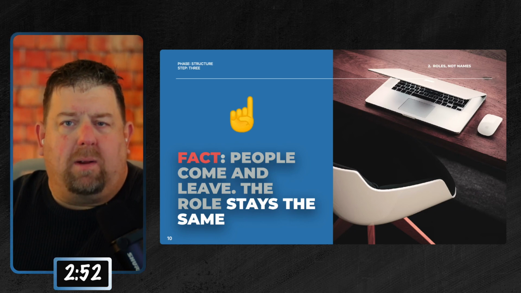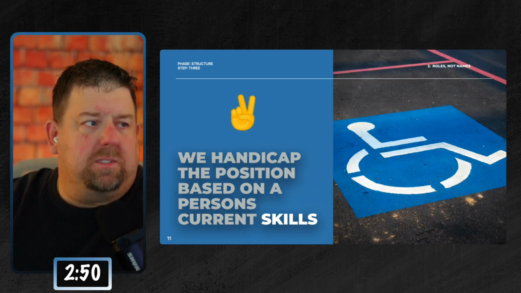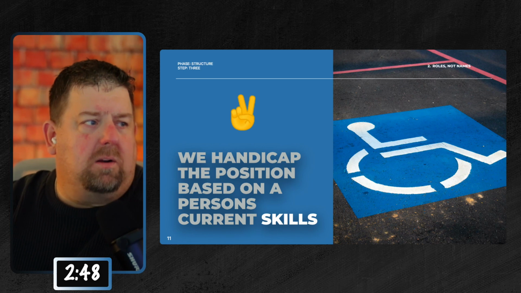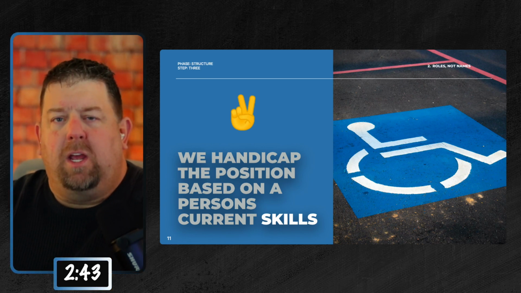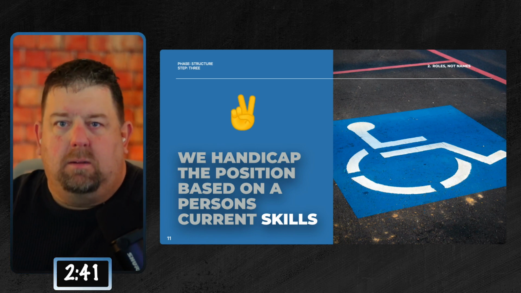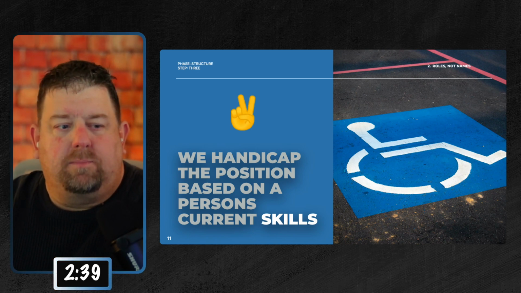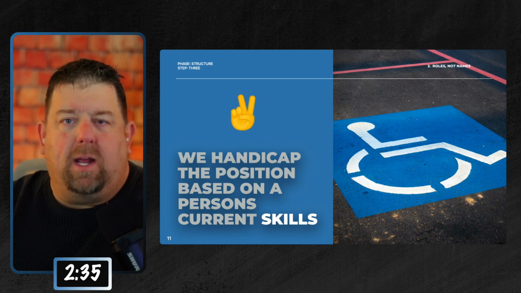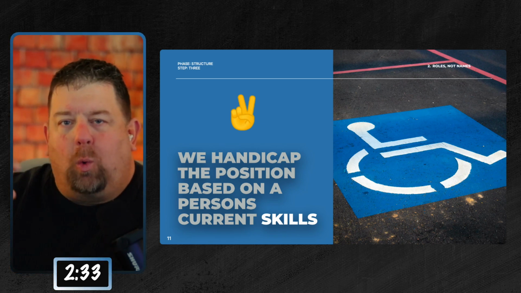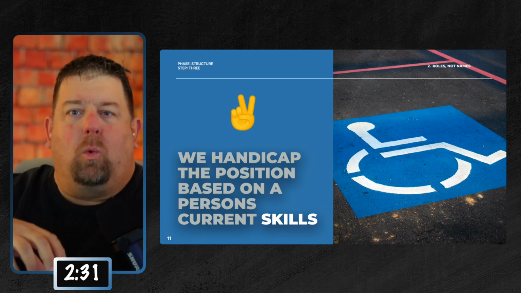So you can't build it around the competencies of someone else, which is our second part here: we handicap the position based on a person's current skills. If you have Billy, and Billy's not good with computers, well, you're going to abbreviate the role and push that off on somebody else, where it might belong right there in that role.